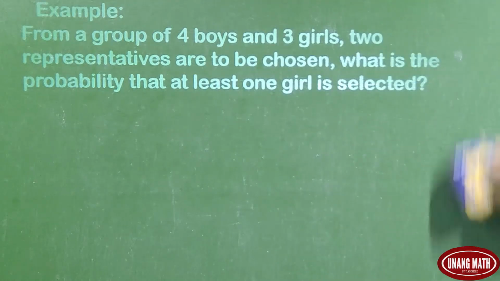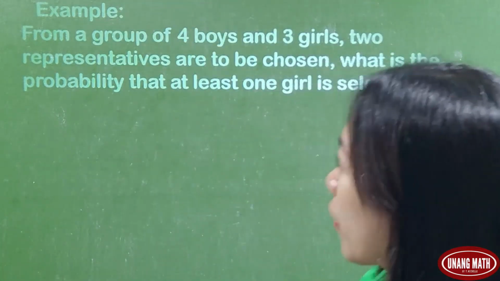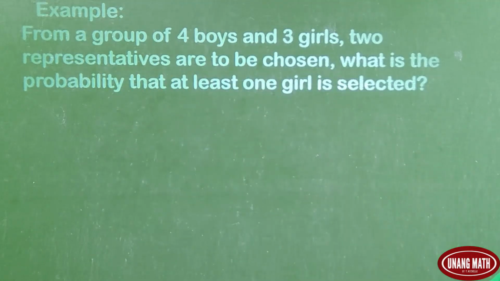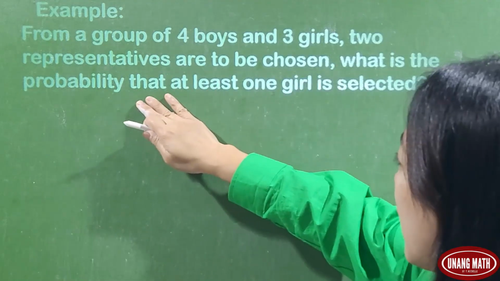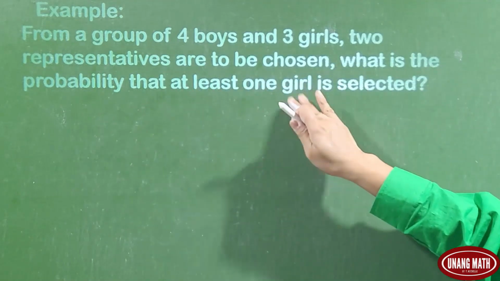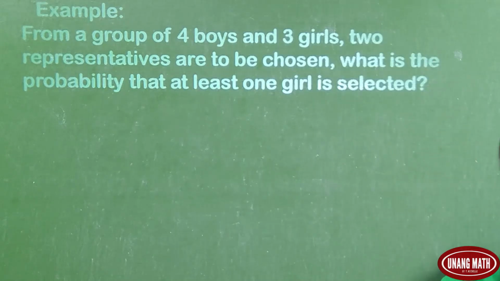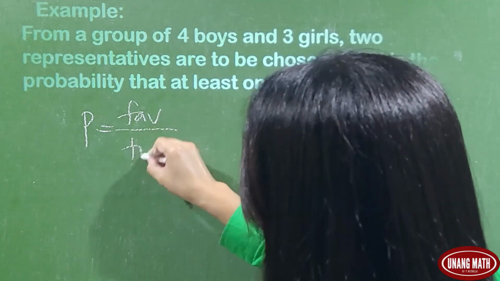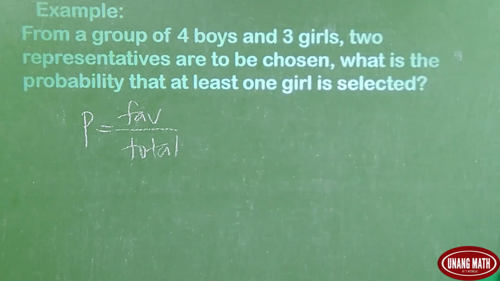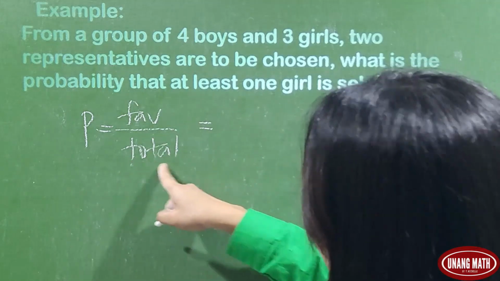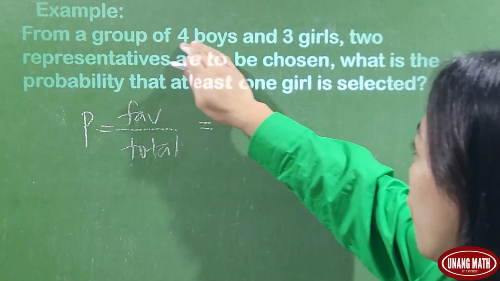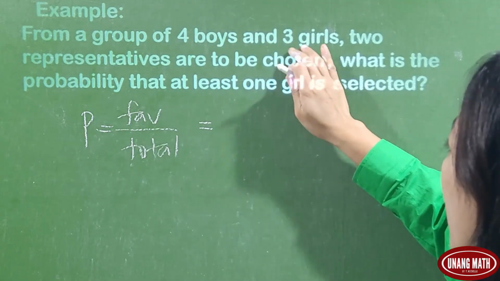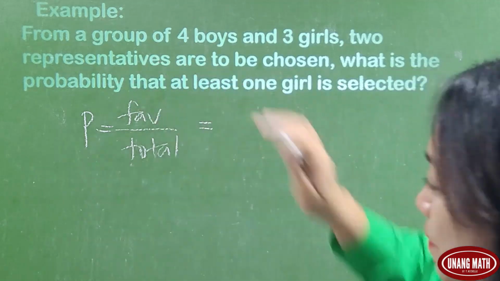From a group of 4 boys and 3 girls, 2 representatives are to be chosen. What is the probability that at least one girl is selected? Probability is the favorable outcome over the total possible outcome. To find the total possible outcome, since we have 4 boys and 3 girls, that is equal to 7. And we are selecting 2 representatives.